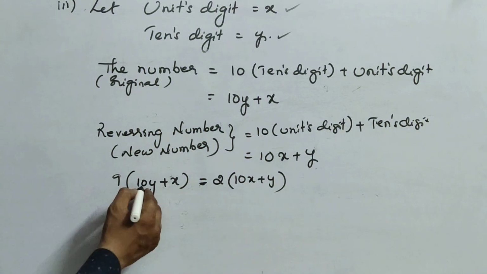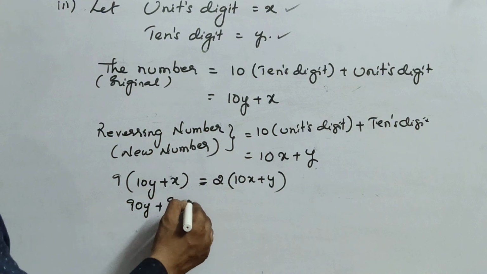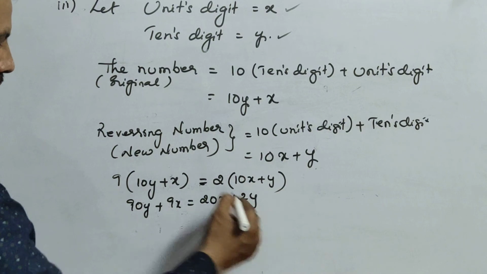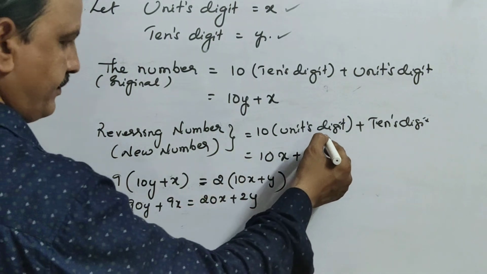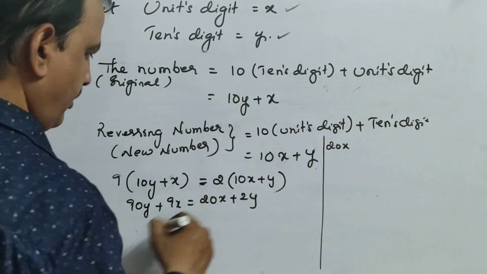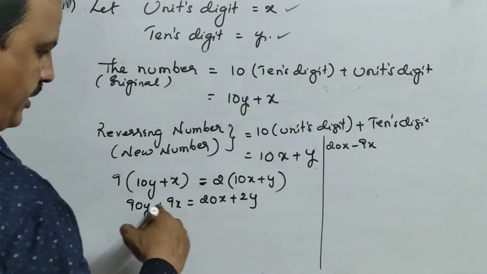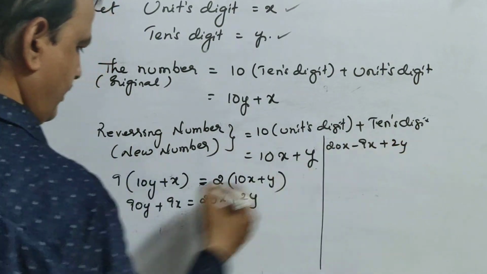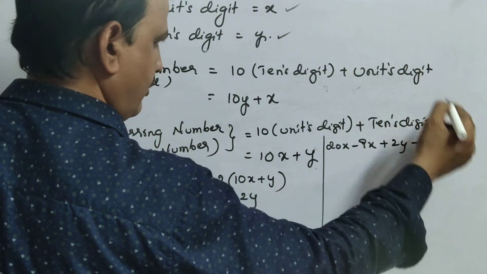Understood? That means 9 tens are 90y plus 9x equals 2 tens are 20x plus 2y. So now bring all the x to one side. 20x plus 9x means minus 9x, plus 2y minus 90y equals 0.